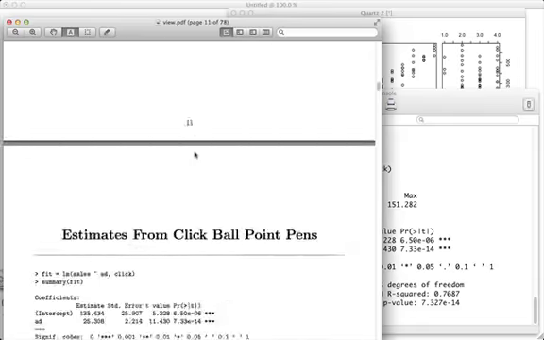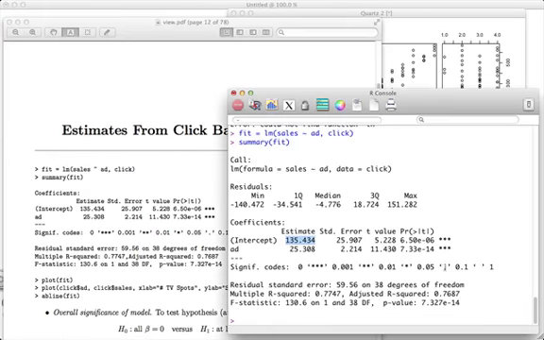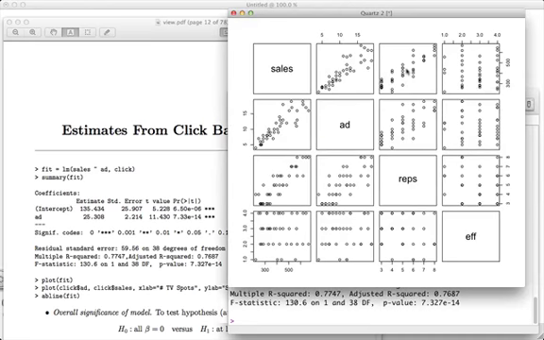Let's go take a look at that now. You find that number down here. It's the residual standard error. The residual standard error is about 60, 59.56, indicating we have these normal distributions around the line, and that normal distribution has a standard deviation of about 60.